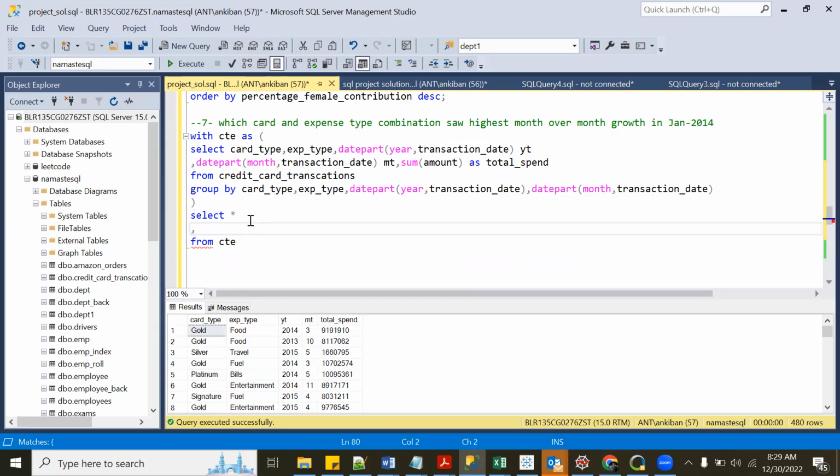So basically I need to check with the previous month. So I will use lag. Okay. Lag of total spend, right? Partition by. So what I need to do, I need to check for each card type and expense type. So I will say card type and expense type, right? So this is my partition by.